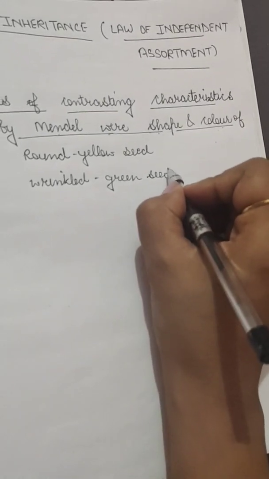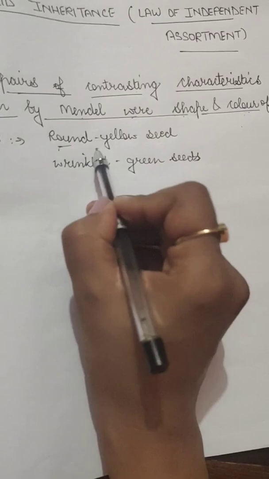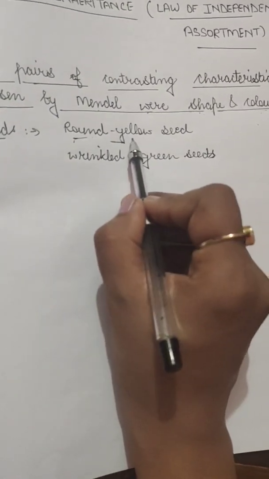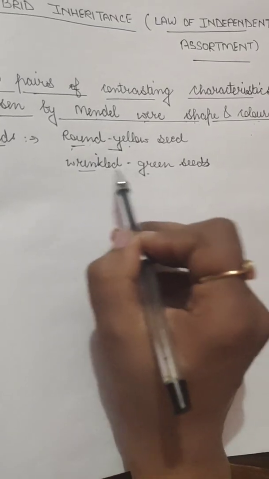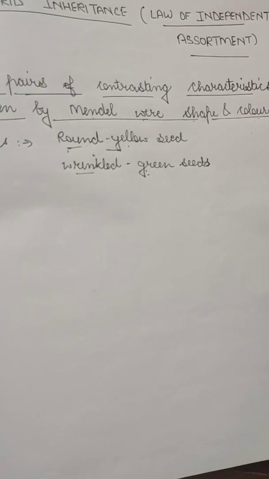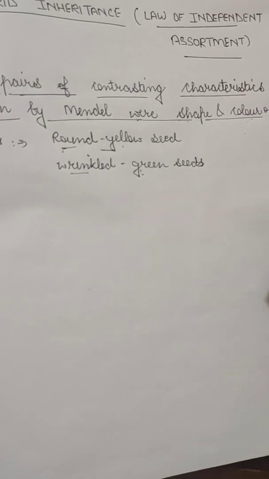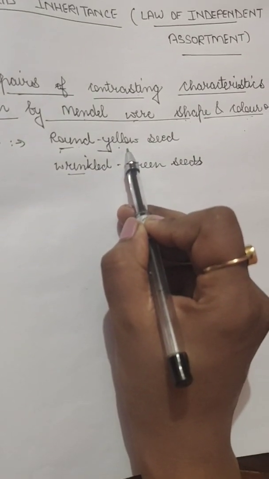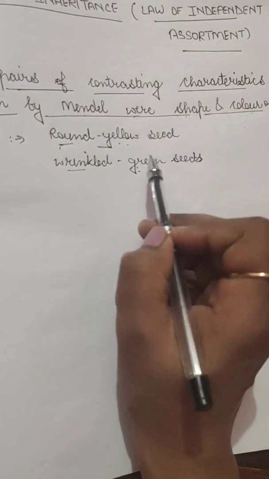Okay, so two contrasting pairs: round and yellow, so this is the shape and this is the color, and wrinkled and green, so shape and color. He traced the inheritance of two pairs of contrasting traits. So Mendel crossed pea plants having round yellow seeds with pea plants having wrinkled green seeds.